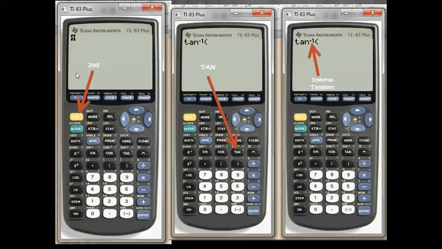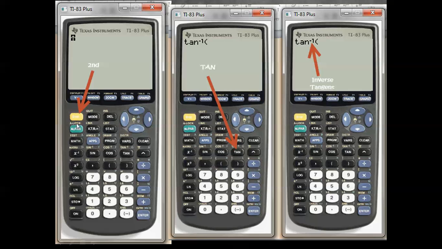So remember, we used just the tangent button yesterday, right? We would put tangent and then put the angle in, and it would give us the ratio. For inverse tangent, if you notice up here above tangent, it says tangent, and then it has the -1. Anytime you see the -1, that's talking about the inverse, the opposite.